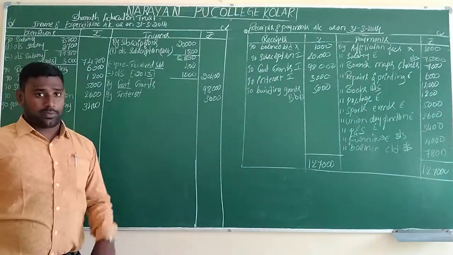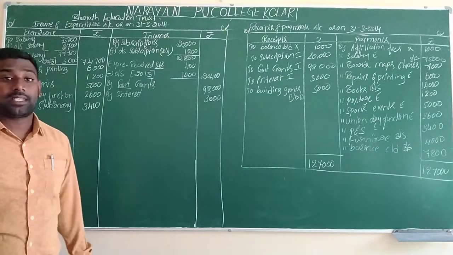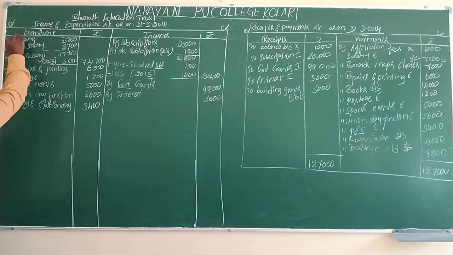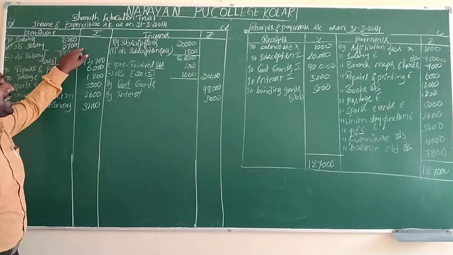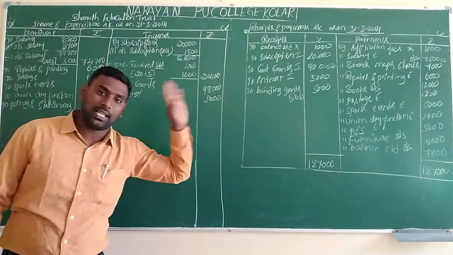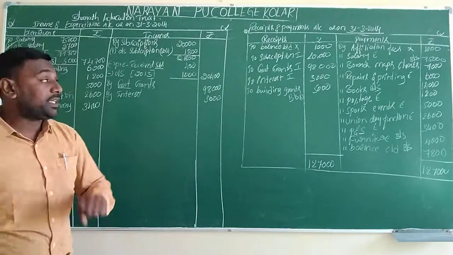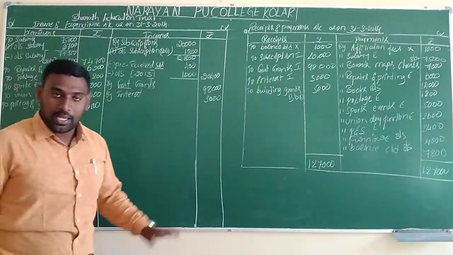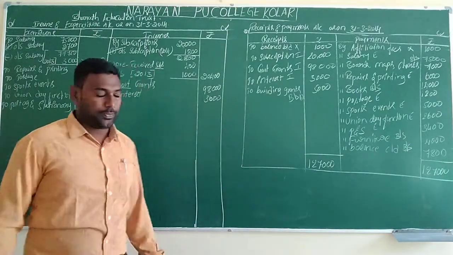Let's come to the adjustments. Adjustment number 1 says salary due. Salary is an expense, that is outstanding salary we should consider once as an expense and later it will be considered as a liability. Adjustment number 2, outstanding subscription, once we should consider as an income, second time we will see it in the balance sheet.